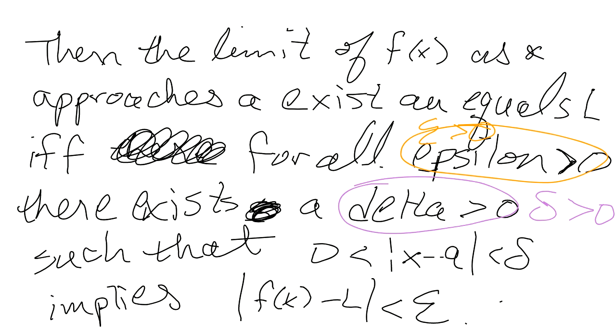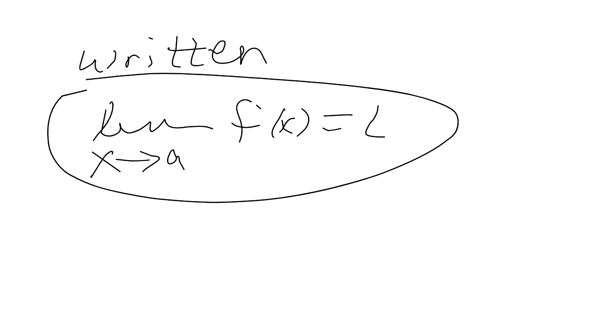This is how it's written: the limit as x approaches a of f of x exists and equals L. That's the shorthand. Do you remember me saying that mathematicians like shorthand? So I need to draw you a picture of what this is really doing.